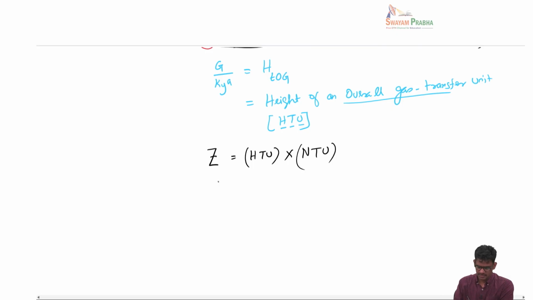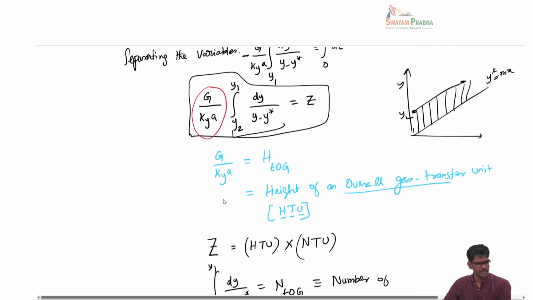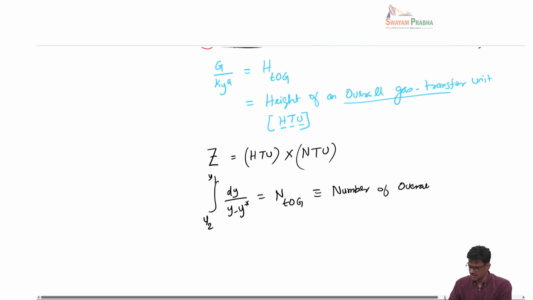This integral, dy by y minus y star going from y2 to y1, we will call NTOG. I am taking this minus sign inside and changing the limits. So it is the number of overall gas transfer units, in short NTU.